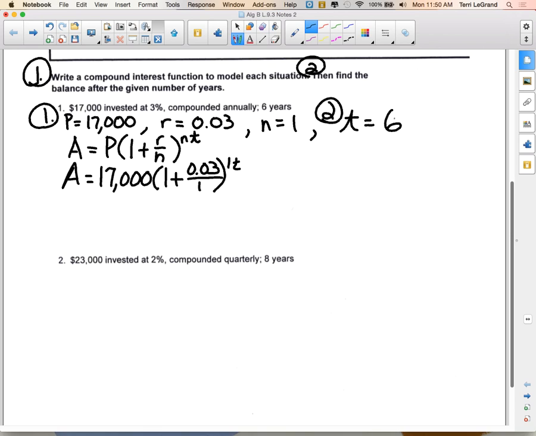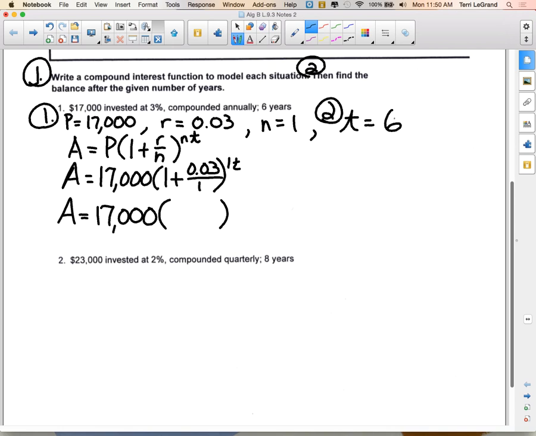Okay? So what would our model for this one look like? Our 17,000 is going to stay 17,000. What happens inside those parentheses? Are you kidding me?